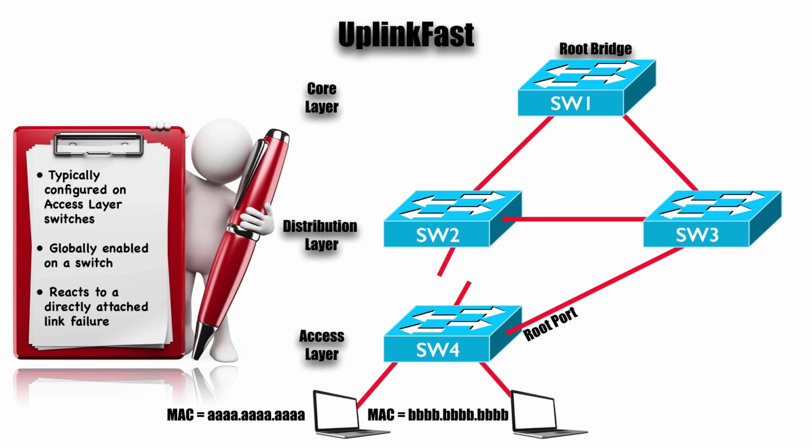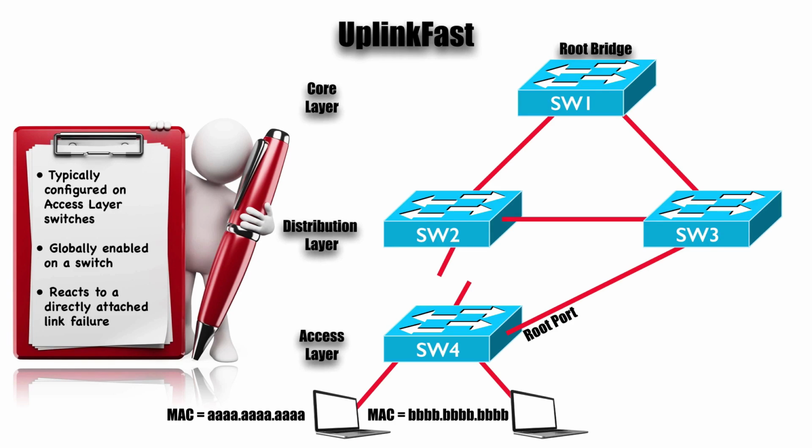We still have an issue though, and that is the other switches in the topology, SW2 and SW3, learned how to get to the devices hanging off of SW4 with the MAC address of all A's and the MAC address of all B's. They knew that they would go to SW2, and then SW2 would forward the traffic down to SW4. Now they need to go via SW3. We need to re-educate the switches about the best way to get to these MAC addresses.